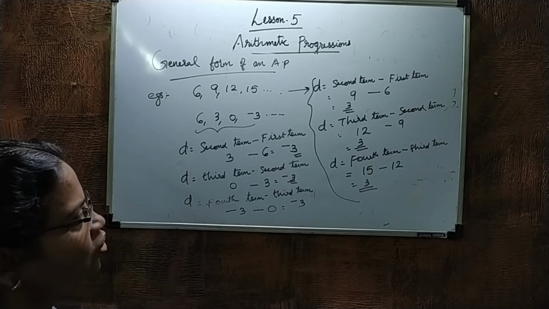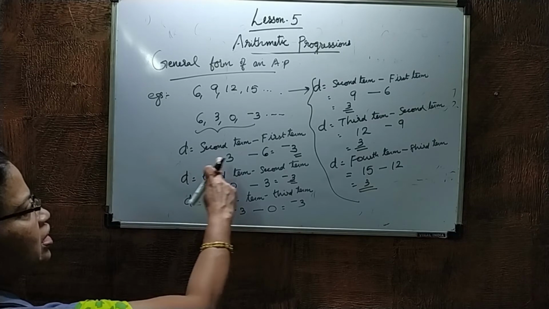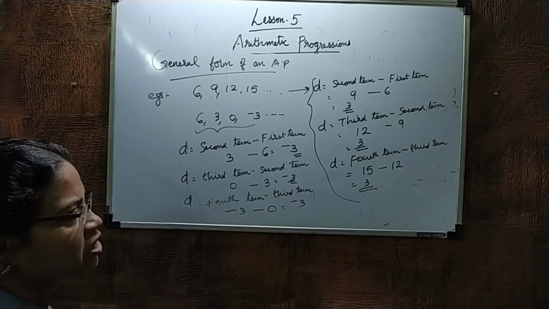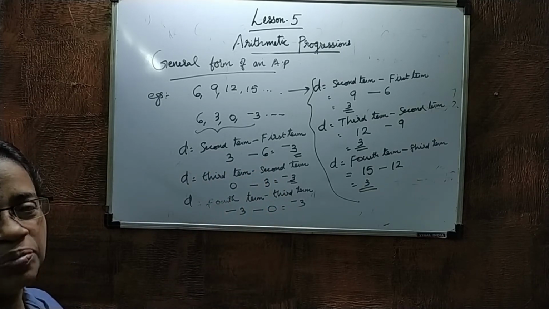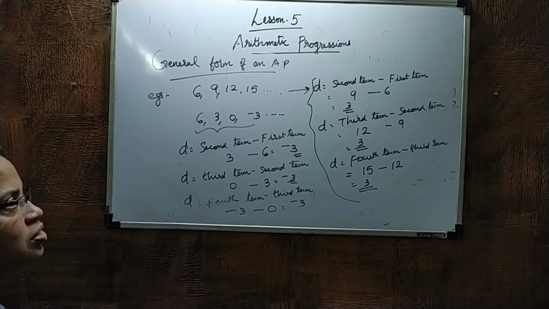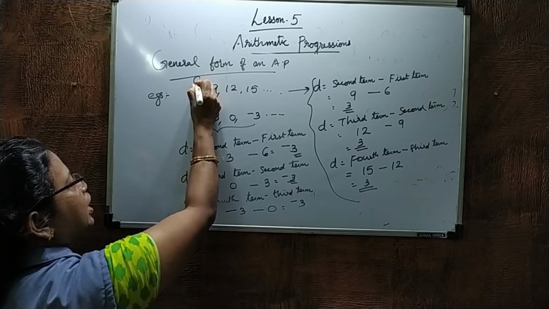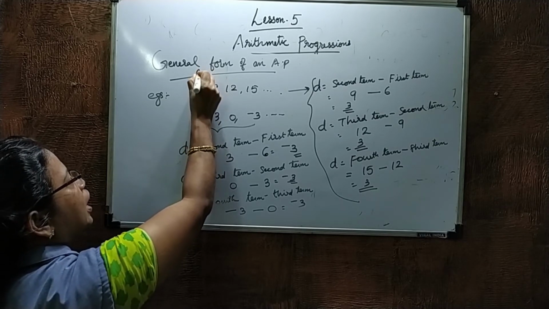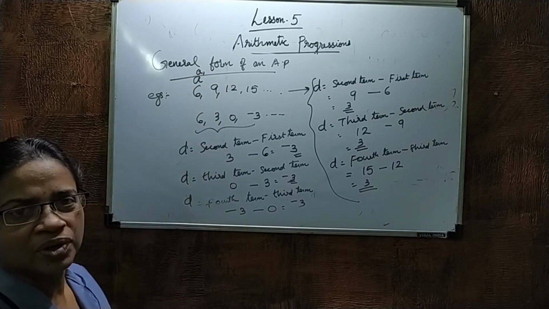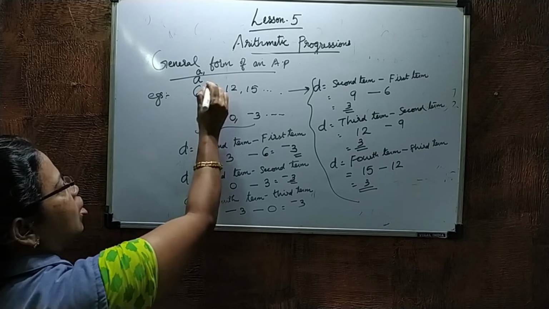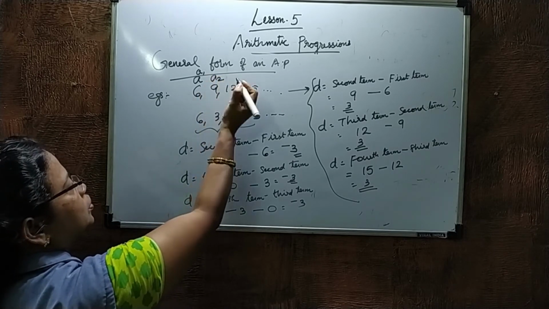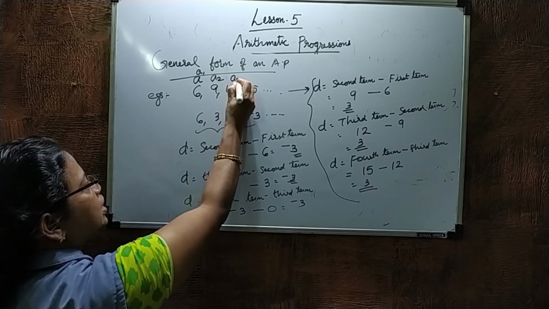Now, instead of writing second term, first term, third term, etc., we are going to give them alphabets with numbers. Here, this first term we will write as A or A1. Clear? Second term we will call A2. Third term A3.